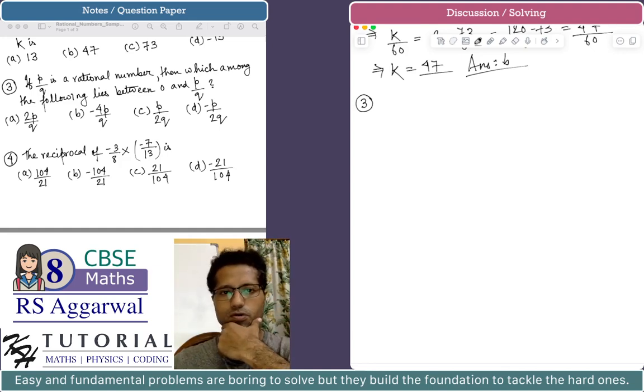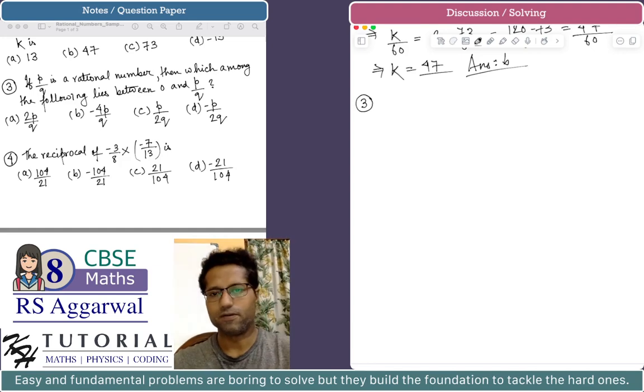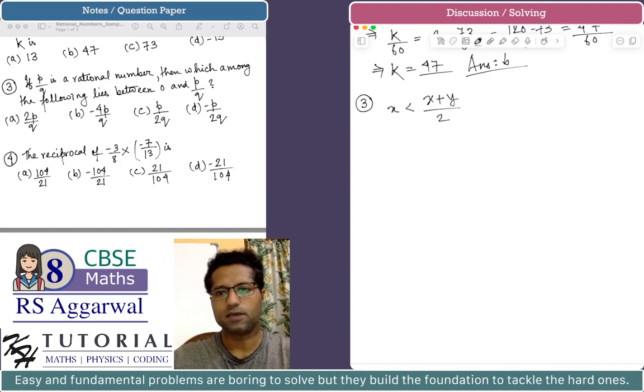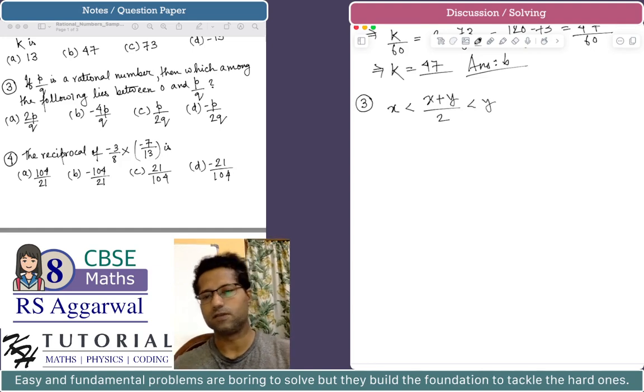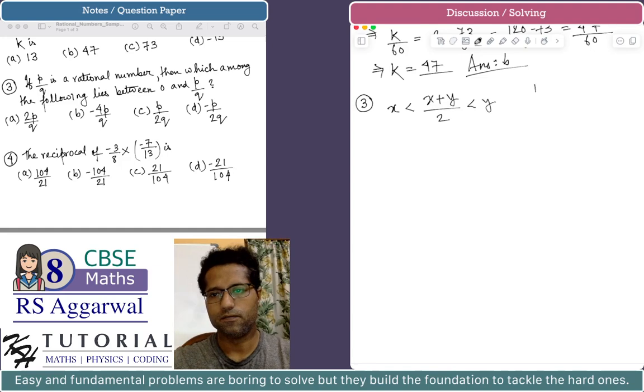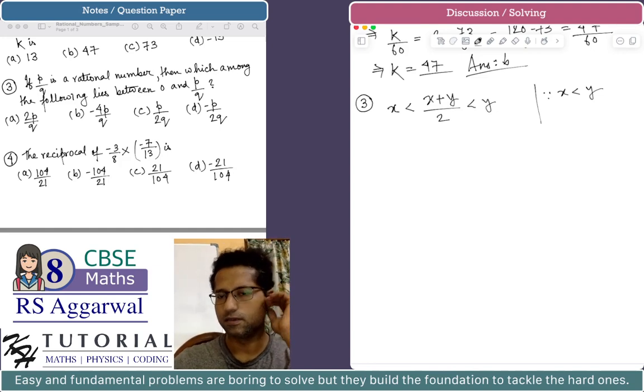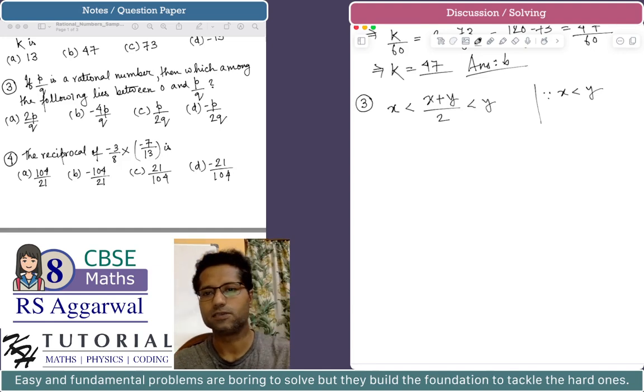We also know that 0 is a rational number, and we have a property of rational numbers: if x and y are two rational numbers, where of course x is less than y, then the rational number x plus y by 2 will lie between x and y.